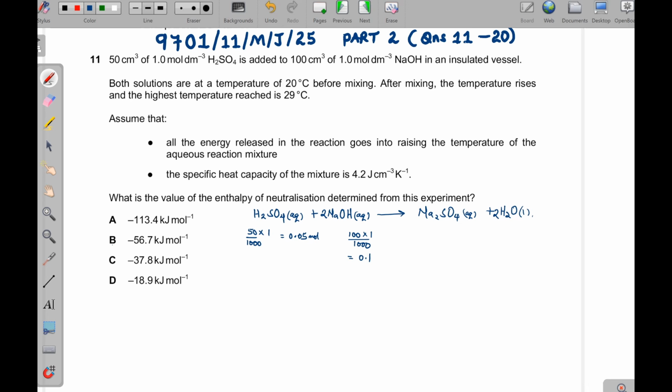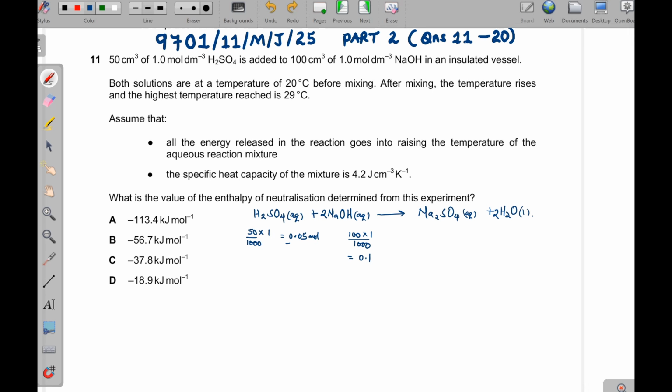But looking at the stoichiometry, the moles of sulfuric acid are smaller than the moles of sodium hydroxide, so we shall take the moles of sulfuric acid. This becomes the limiting reagent. For 1 mole of sulfuric acid we need 2 moles of sodium hydroxide.